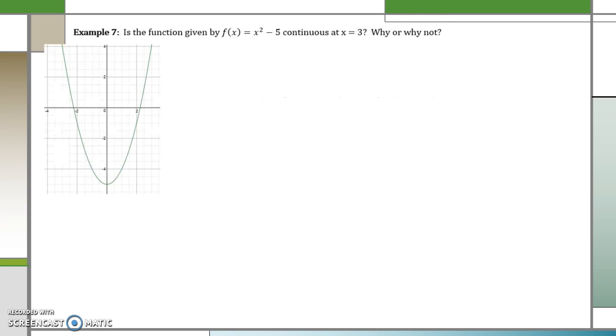Is the function given by f of x equal to x squared minus 5 continuous at x equals 3? Why or why not? Using our theorem on rational functions, we know that we can plug in 3 for the limit, so that we get 3 squared minus 5, which is 9 minus 5, which equals 4.